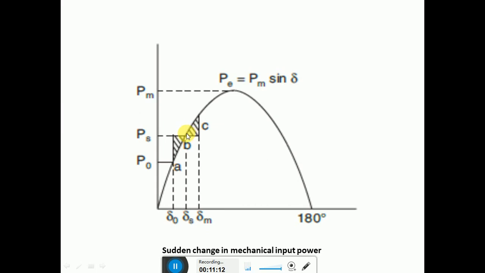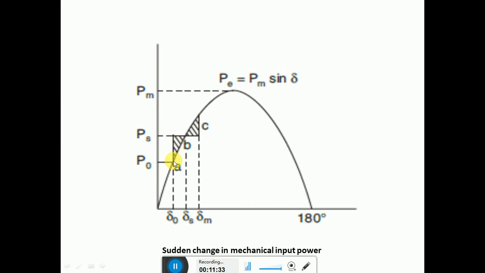Now acceleration will start. So again, if we cross this point B, the machine speed will again start increasing, but that will be below the synchronous speed. It can't jump immediately to the synchronous speed.